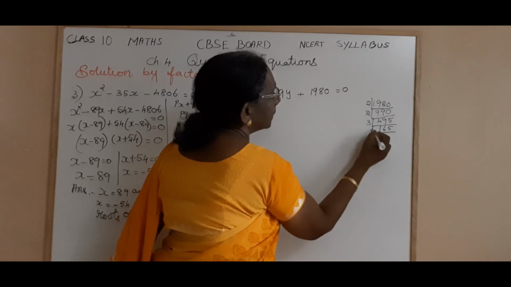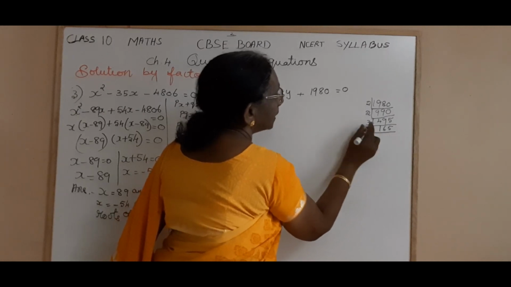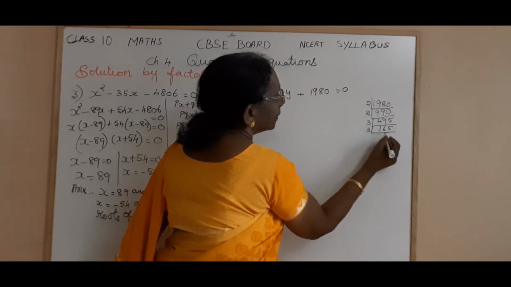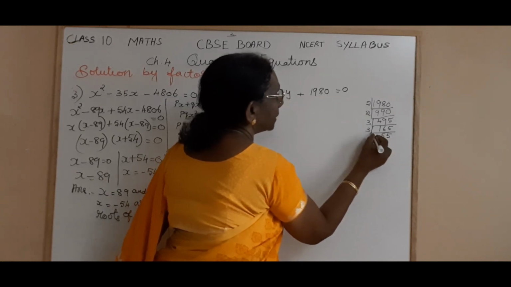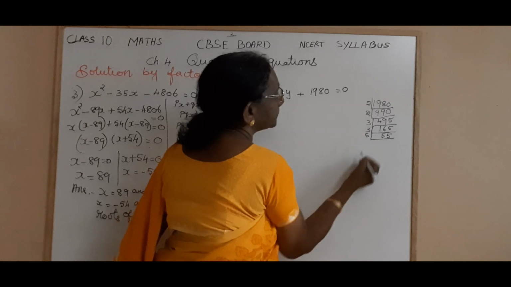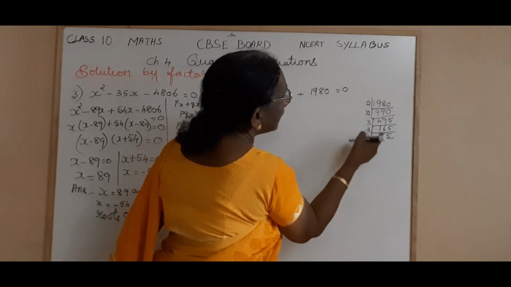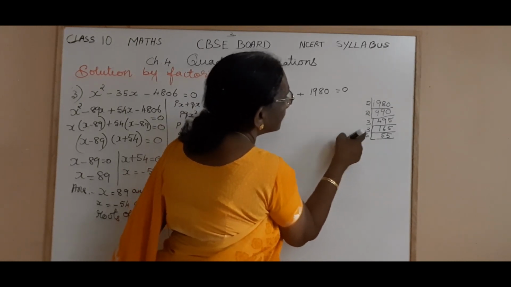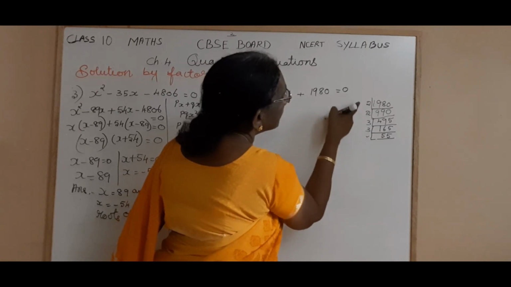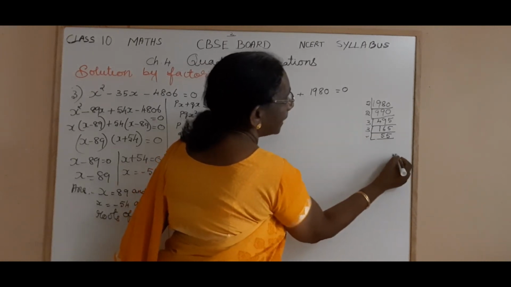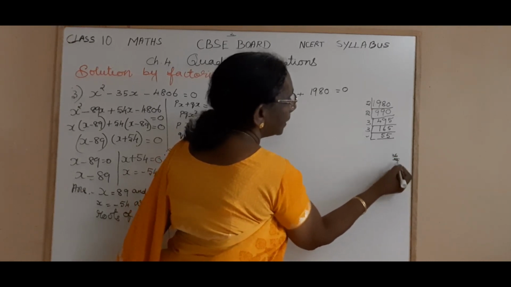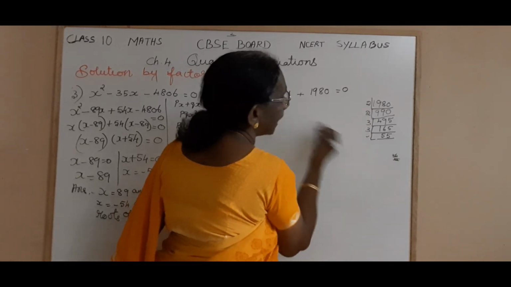Again it is divisible by 3. So 3 5s are 15. It is divisible by 5, and 55. When you multiply these, 2 2s are 4, 4 3s are 12, 12 3s are 36. When you add 36 and 55, you are not getting 89.